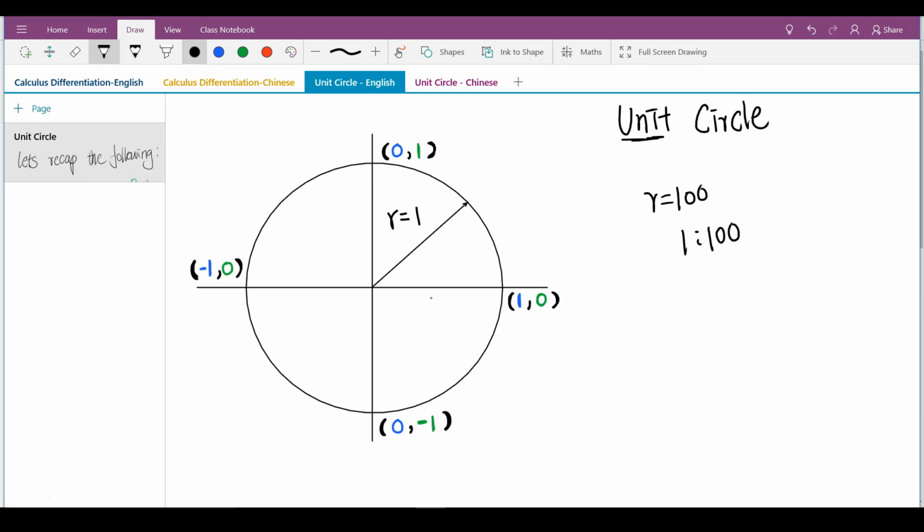So I can shrink the circle with a radius of 100 times to get back to the most basic circle with a radius of 1, right? So the 100 just becomes a factor or a scalar, it's just a proportion. So the unit circle means when the circle is in its most simplest form, right?